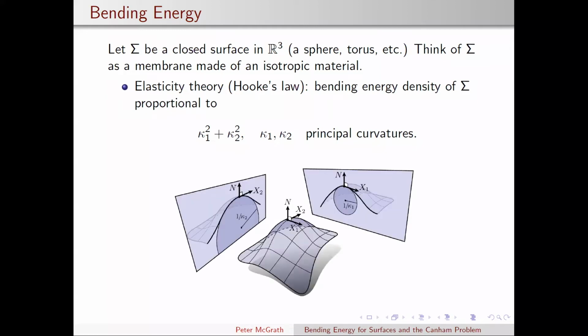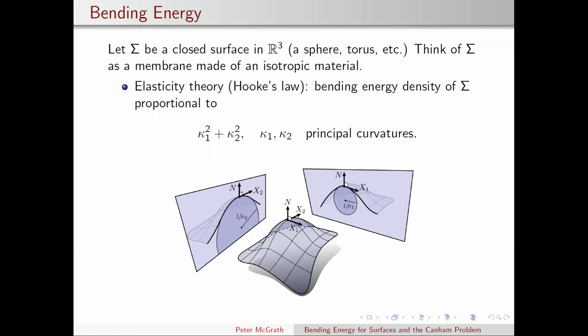Let me remind ourselves, if I have a surface in R3, the principal curvatures are two numbers which tell us how much the surface is bending. They can be positive or negative, and I have this little diagram here to indicate how this happens. If I slice the surface in planes, I can choose a one-dimensional family of planes if I request that the planes contain the normal to the surface.